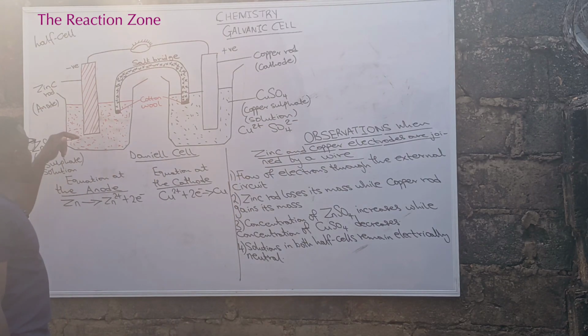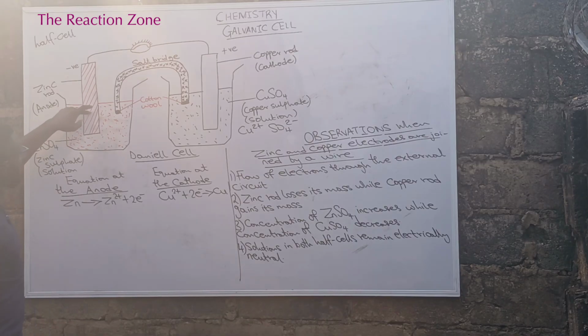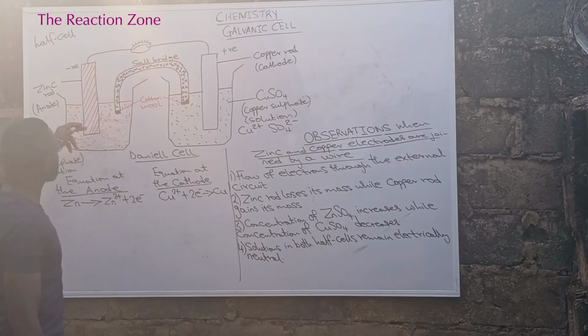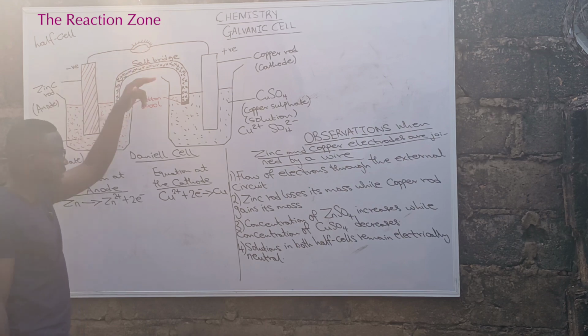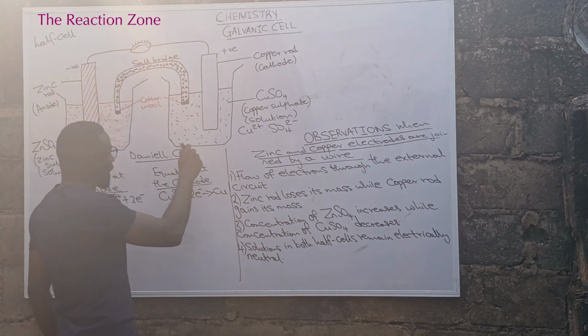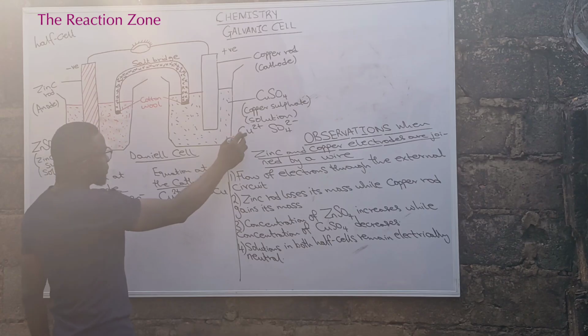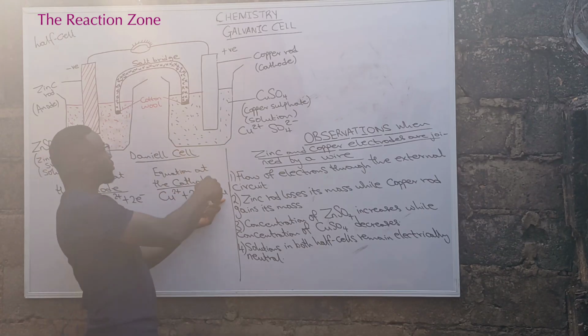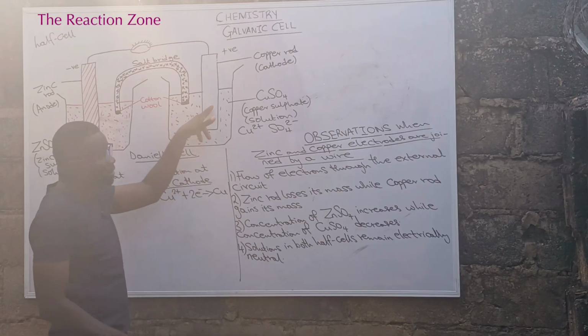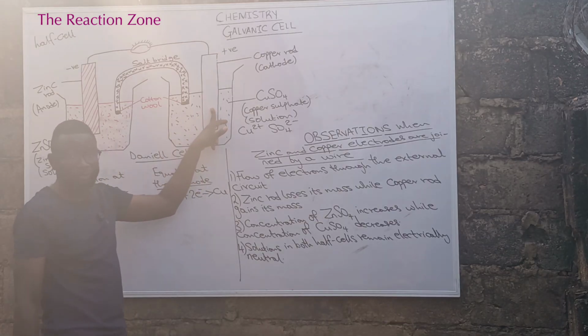So, when zinc atoms lose electrons on the zinc rod and go into the solution as zinc ions, the electrons that they lose travel through the connecting wire, generating an electric current, and those electrons are accepted by copper 2 ions in solution to form copper atoms which will be deposited on the copper rod.